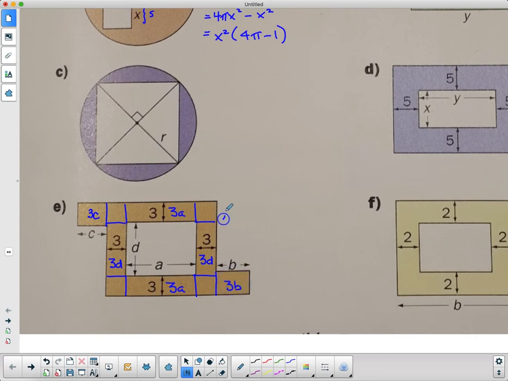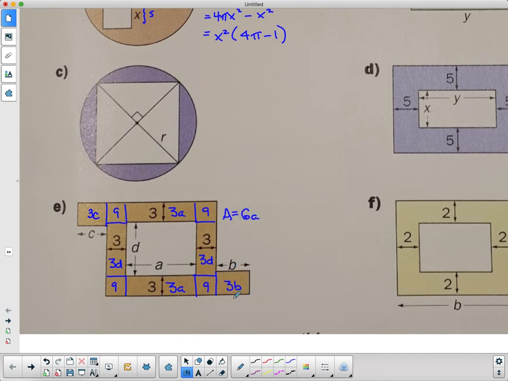Now when we put it together for the area, I'm going to say the area equals, and we just have to add up all these pieces. Oh, I missed these little pieces. These pieces are 3 by 3, which means that they're 9, and they're all exactly the same, so we've got 4 of them. So now I'm going to add them all up, let's start alphabetically, with the a's. So 3a plus 3a is 6a.